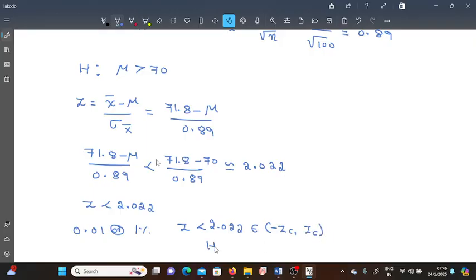Therefore we are accepting the given hypothesis. That means the data indicates that the average lifespan is greater than 70 years. Thank you.